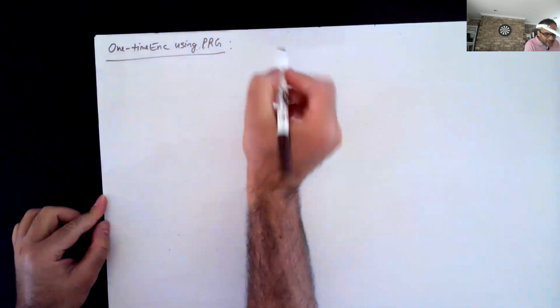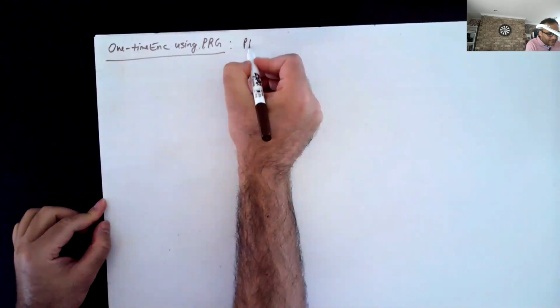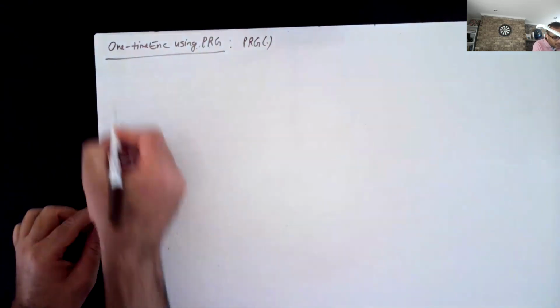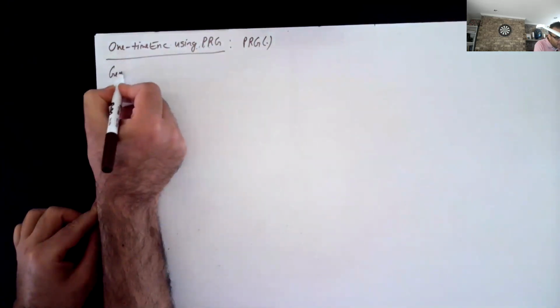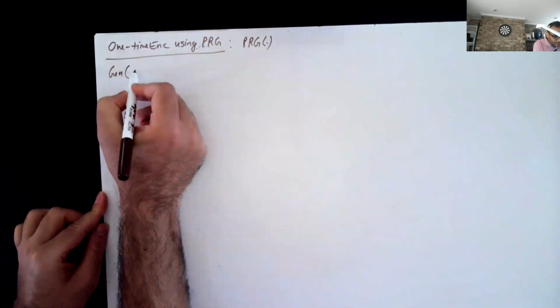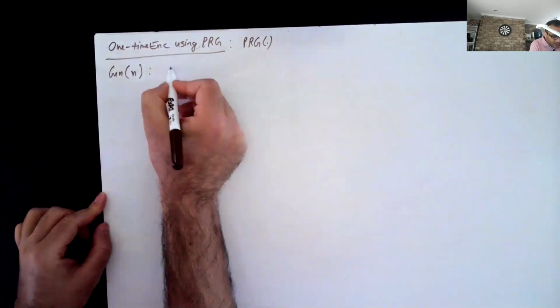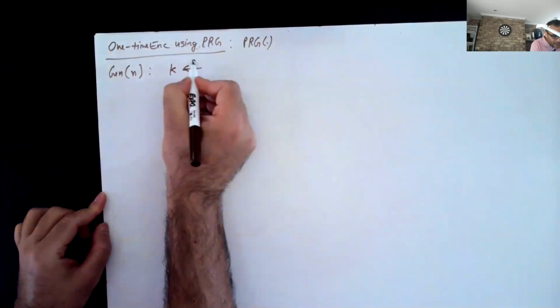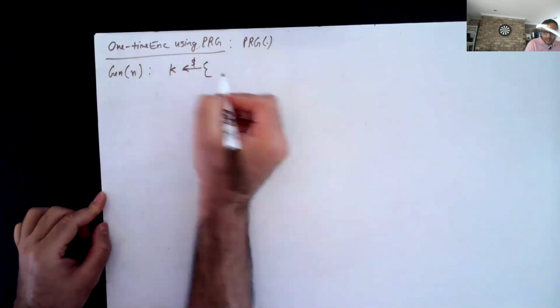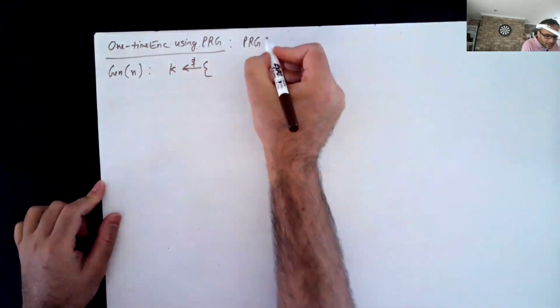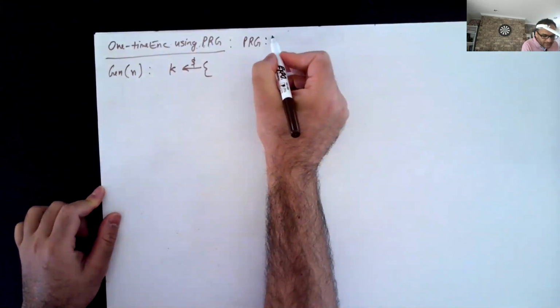So here we will start with a PRG. You are given a PRG. So how does key generation work? You just sample a key, and let me actually specify the input size of the PRG.